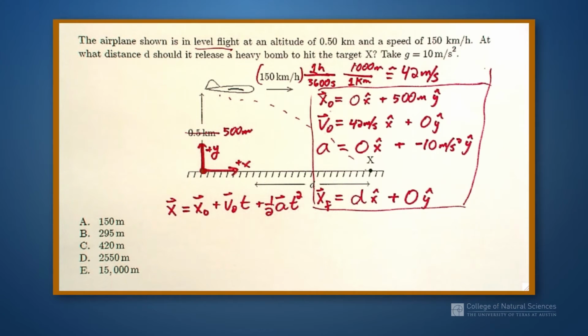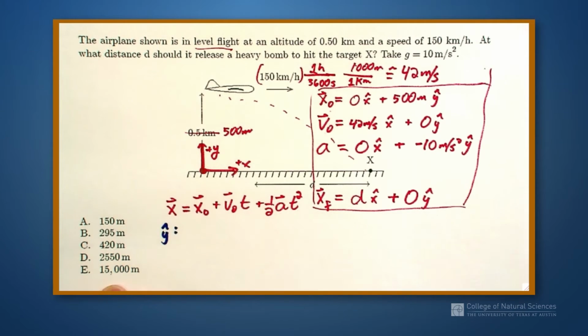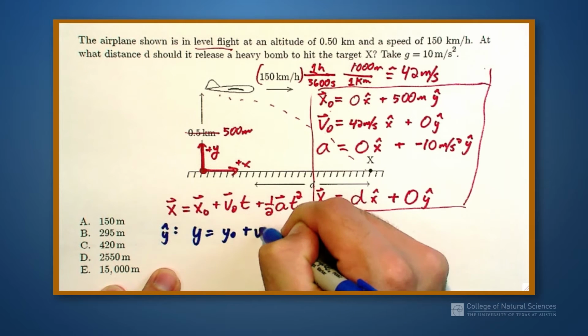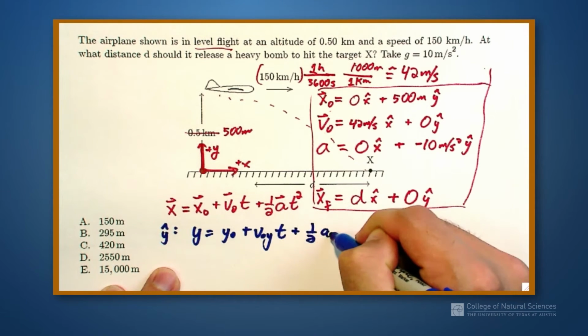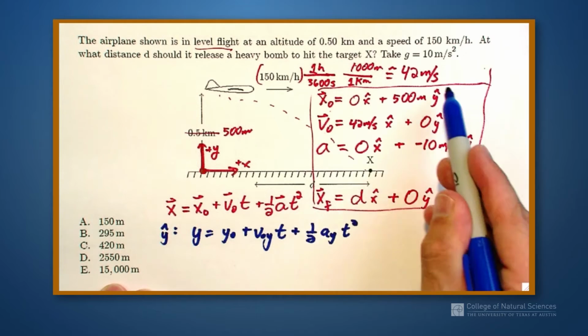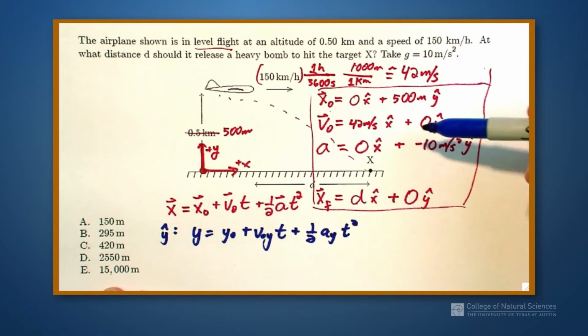In the y direction, y is equal to y naught plus v naught y t plus 1/2 a y t squared. And notice this is no longer a vector equation. It's just scalar values. As long as I'm using my y coordinates, I'm going to be okay.